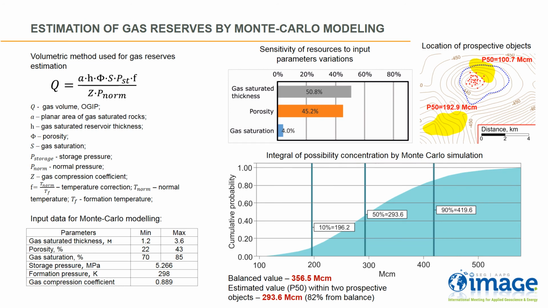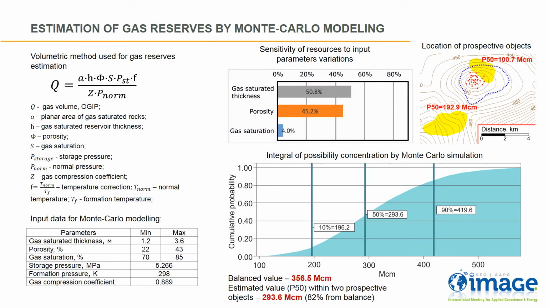For assessment of gas volume within the two mapped pools, the volumetric method was used. Results of Monte Carlo modeling were used as an independent gas volume rating within these reservoirs. Real parameters of Olyshivka underground gas storage were used as input data for modeling.